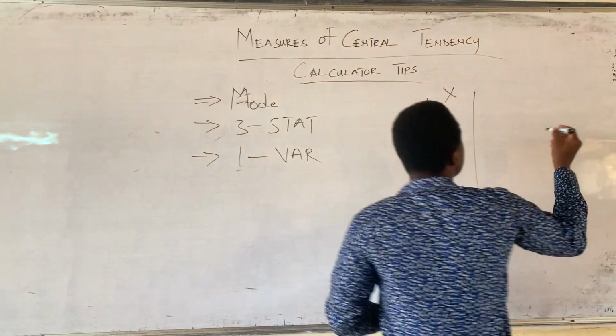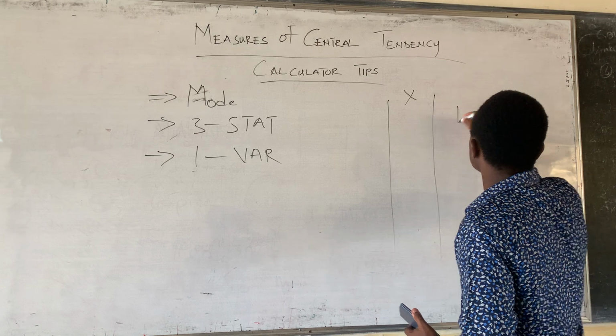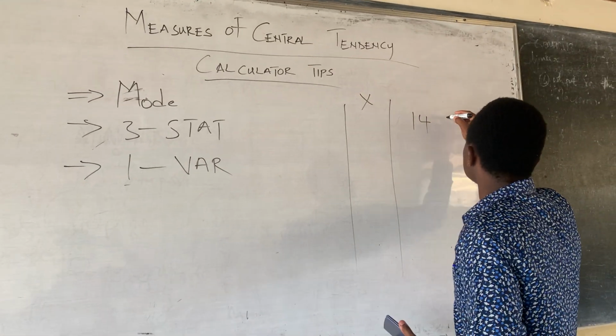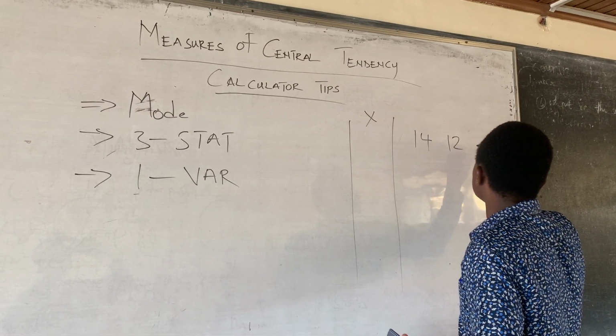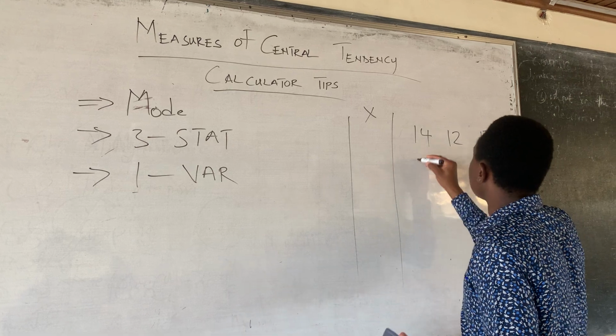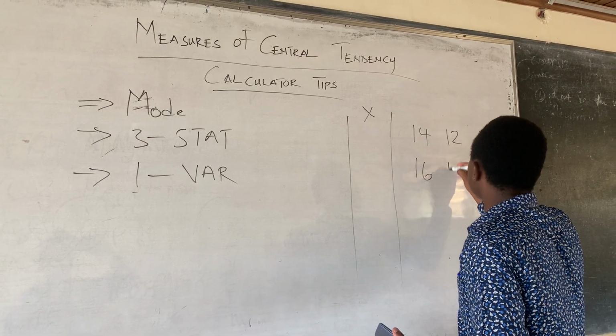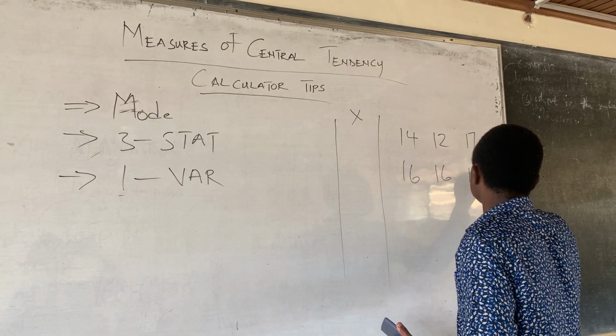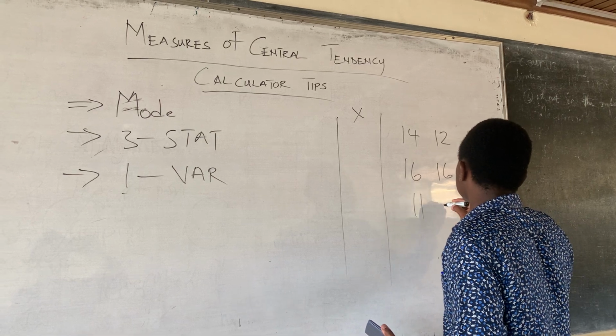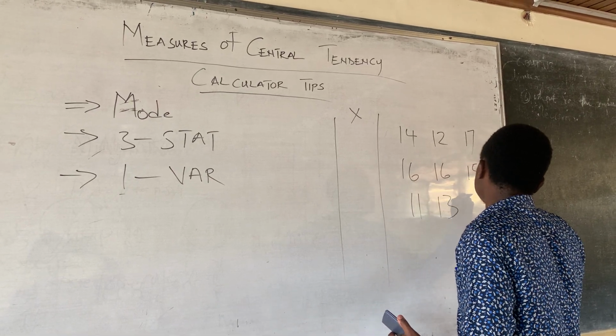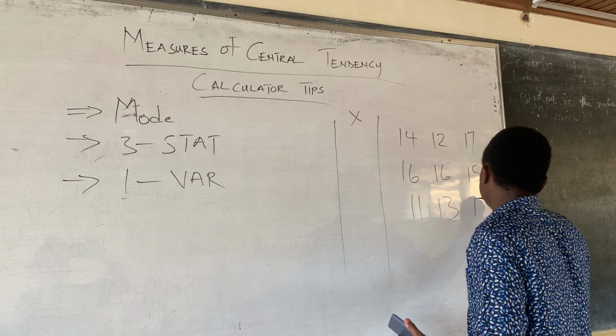Assuming we have this set of raw data: 14, 12, 17, 16, 16, 15, 11, 13, and 15 again.